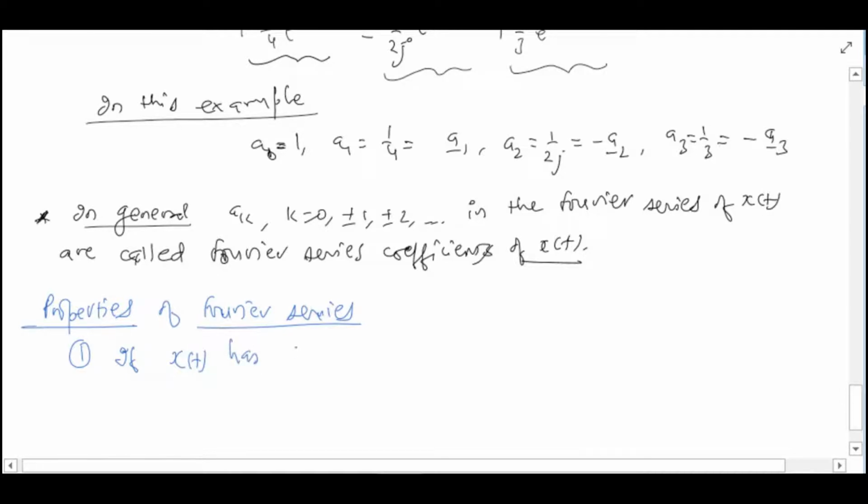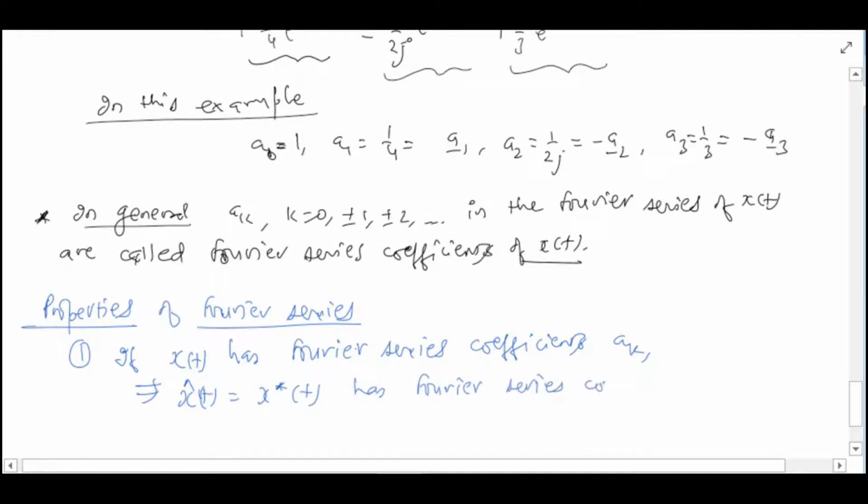If x(t) has Fourier series coefficients a_k, then let's say x hat t, which is the conjugate of x(t), has Fourier series coefficients b_k equal to a minus k complex conjugate.